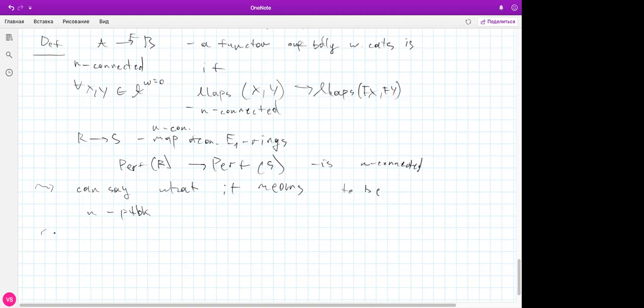And you can also talk about the base change map being unconnected.